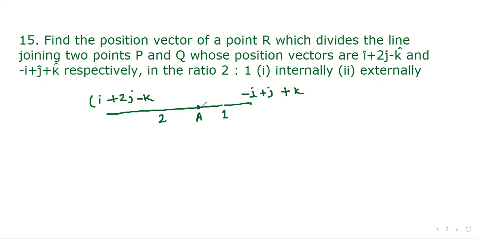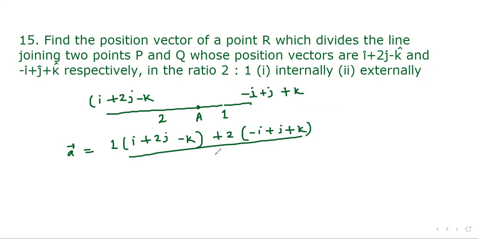So if we write this vector, suppose this is vector small r. It will be 1 multiplied by (i plus 2j minus k), then 2 multiplied by (minus i plus j plus k), divided by 2 plus 1, and we simplify. And for external division, we write a minus sign here and here.